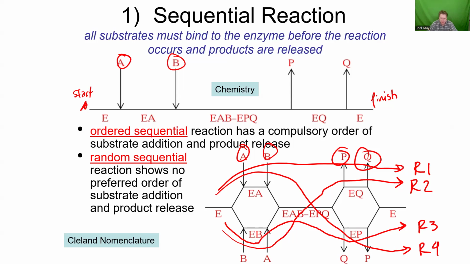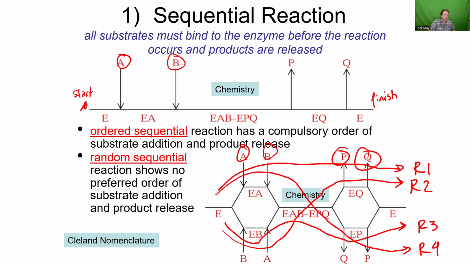Now, is there a preference? Do enzymes that follow this random sequential process have kind of a preference or an inclination? I'm sure that there is. I'm sure that there's some steric hindrance that's going to send it down one pathway, but that's not to say that that's the only one. It might be like, yeah, 4 different outcomes.